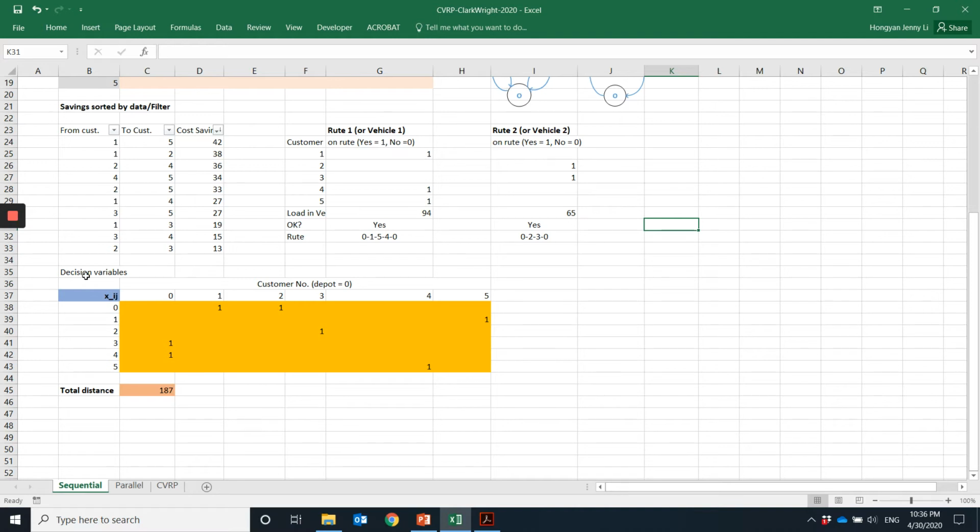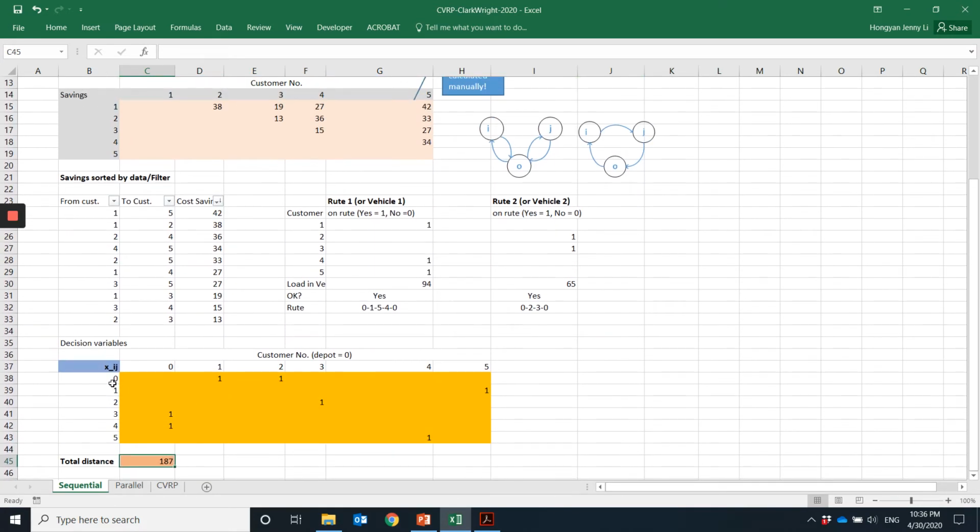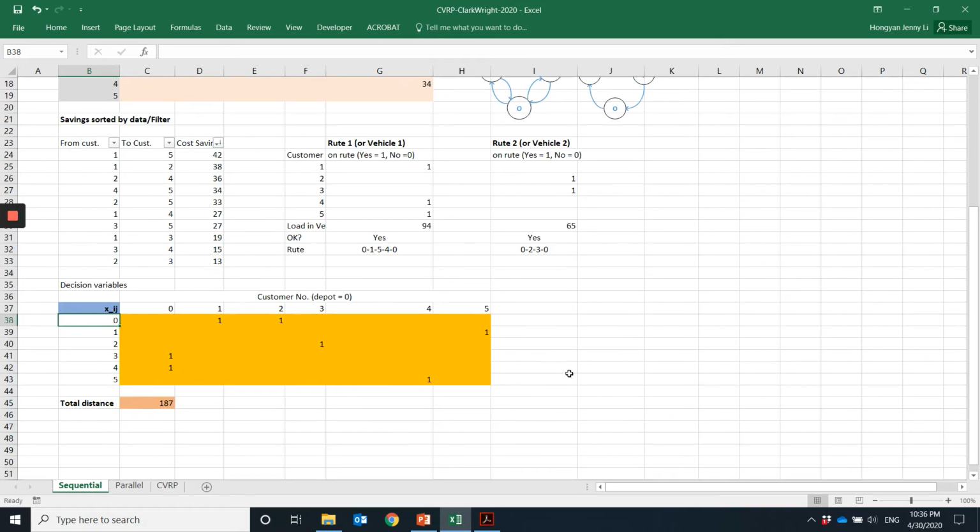And then if you want to use a traditional linear programming idea, you can easily calculate the total distance you drive. So I put the sequence of the tour into this matrix.